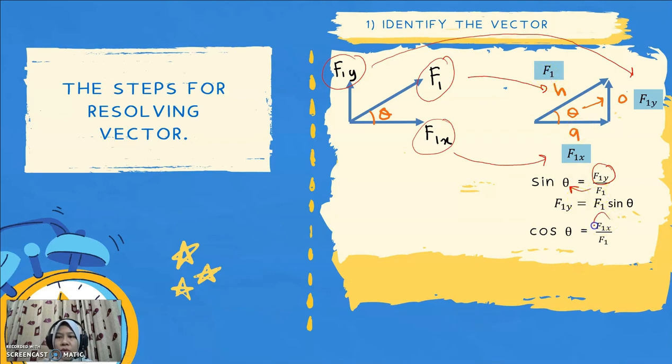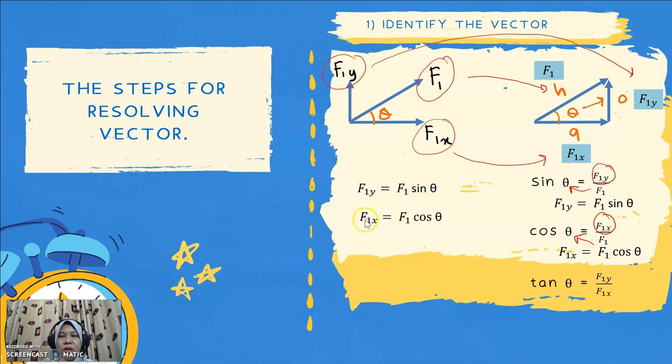So F1x equals F1 cos theta. And tangent theta equals opposite over adjacent, which is F1y over F1x. So we can simplify with these equations: F1y equals F1 sine theta and F1x equals F1 cos theta.